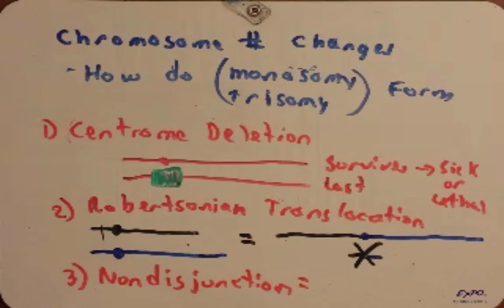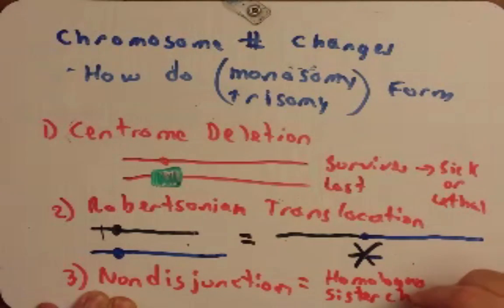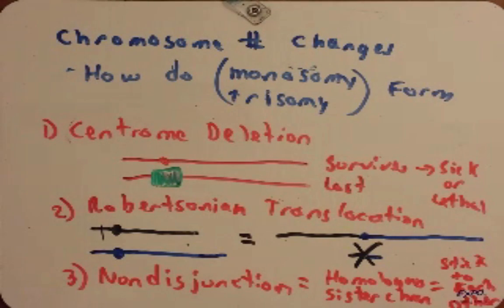But for now, what you need to know is that homologous chromosomes, or in some cases sister chromatids, stick to each other. So either homologous chromosomes or sister chromatids, they're supposed to stay separated, but every now and then we can get them sticking with each other. And when that happens, it can lead to a non-disjunction. We'll come back to non-disjunctions later though.